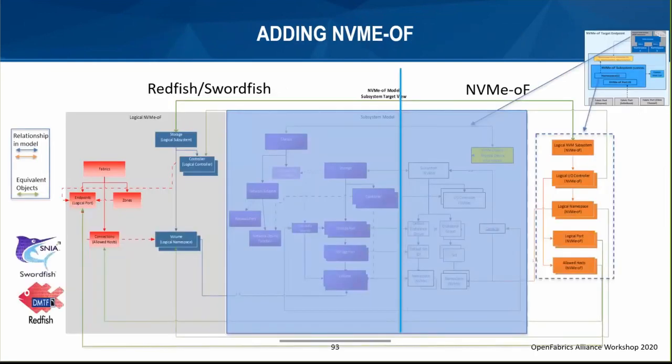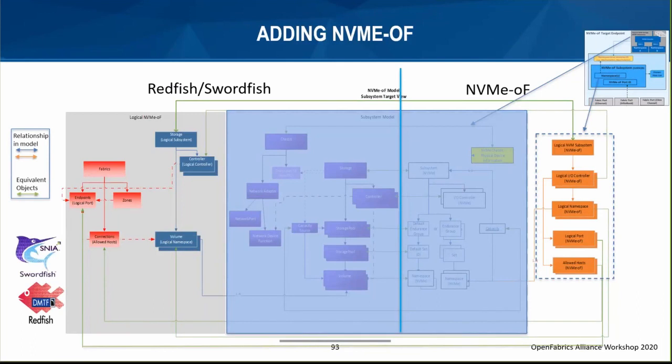Yes, so the NVMe over Fabrics model is a very complex model. The way to look at this diagram is, let's start by focusing on the right side of that blue line. We can see that there is a portion of the slide at the center which is grayed out, and that is nothing but the device model that I showed in the previous slide.